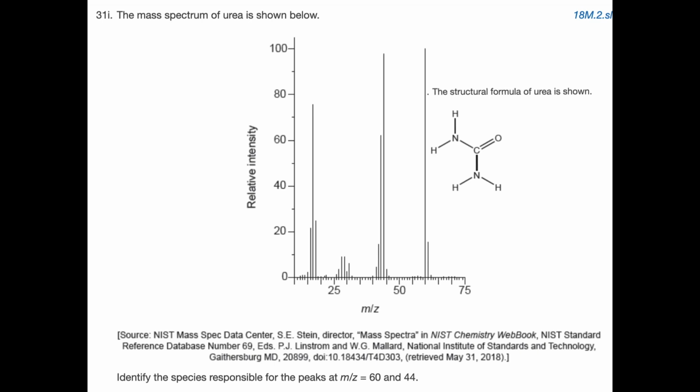And in this first part of the question, the structure of urea has to be related to its mass spectral data. And here you can see that mass spectral data is provided, and the student has to identify why you have a peak at 60 and then another peak at 44.